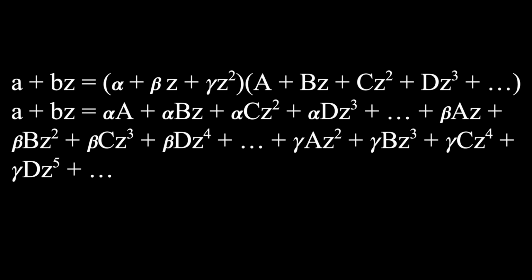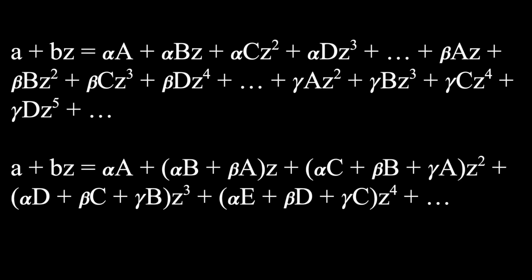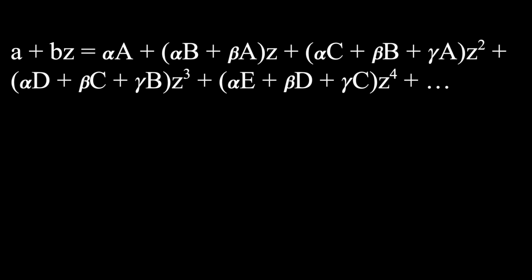Then he groups the terms to get coefficients of the powers of z. And remember, a plus bz equals a plus bz plus 0z squared plus 0z cubed, and so on. So he matches the coefficients of both sides of the equation. So then he gets little a equals alpha times big A. So big A equals little a over alpha.